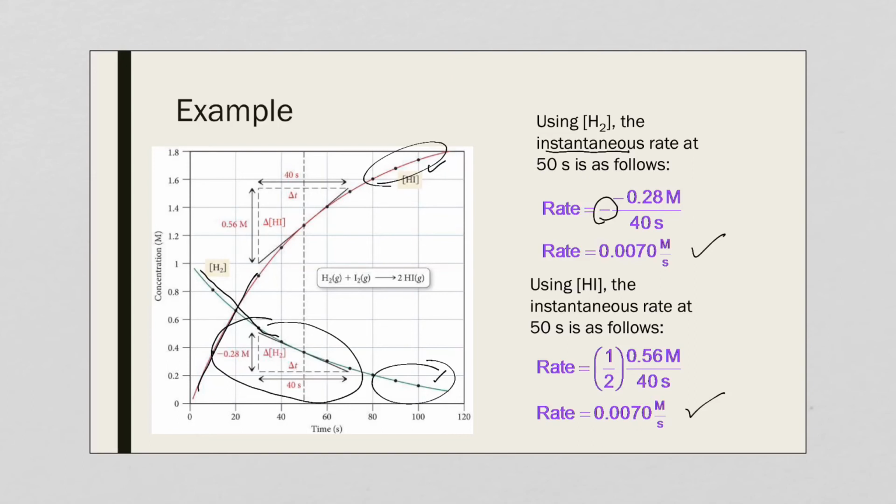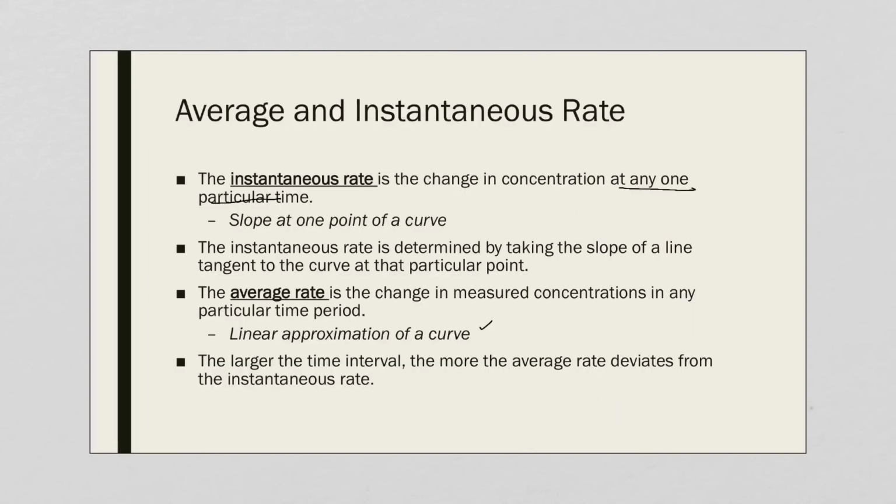The rate is not constant. That's why we don't see a straight line. So if we take an average rate over a long period of time, it's building in that very fast rate at the beginning, and that slower rate as we get toward the end. So the average is going to deviate from the instantaneous rate at any given time. So instantaneous rate, average rate.